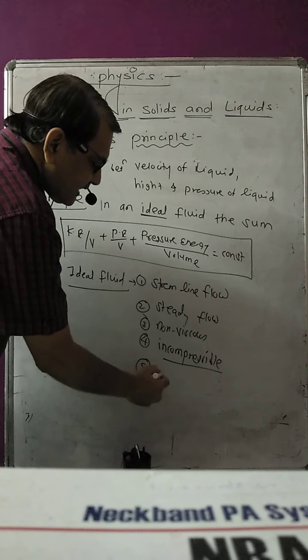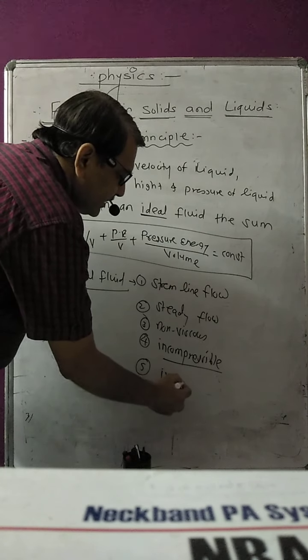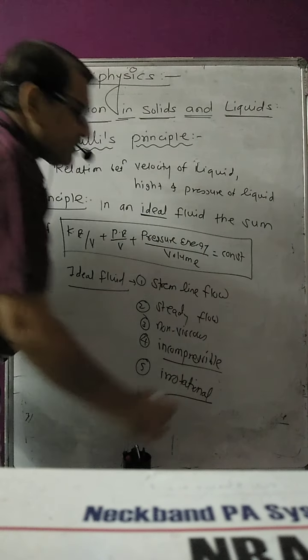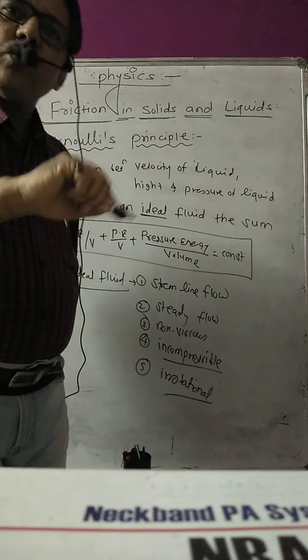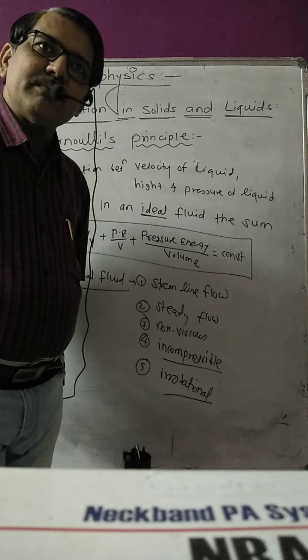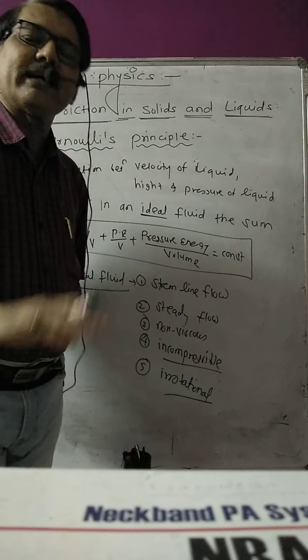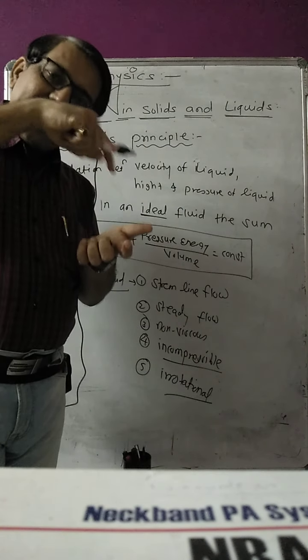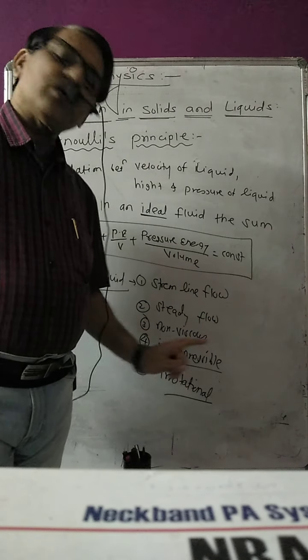And last but not least, irrotational fluid. Rotational means when the body rotates about its own axis, and irrotational means when the body does not rotate about its own axis. Therefore the liquid should not rotate about its own axis. So that is called an irrotational fluid.